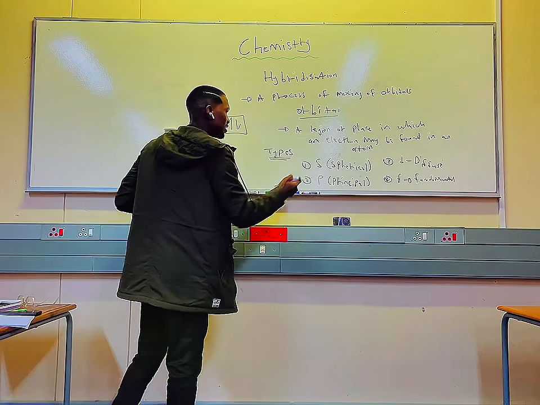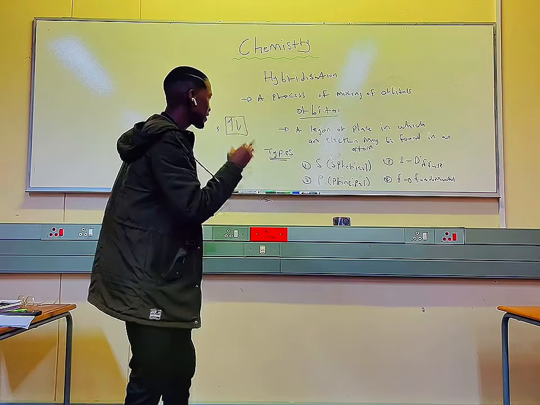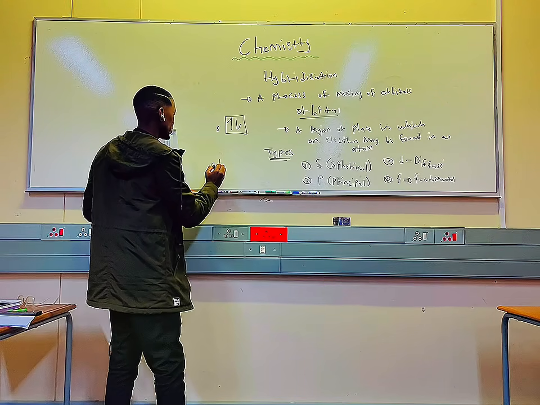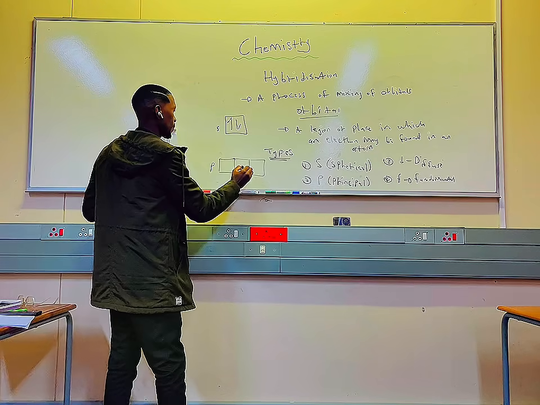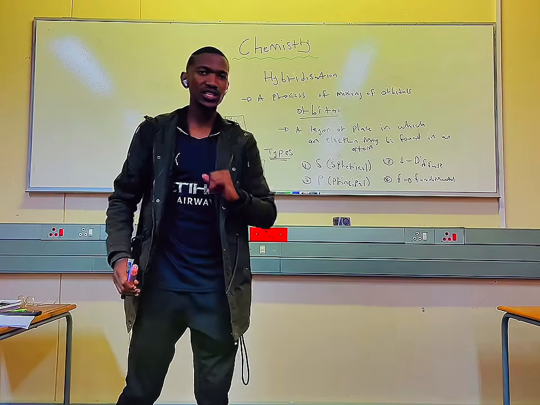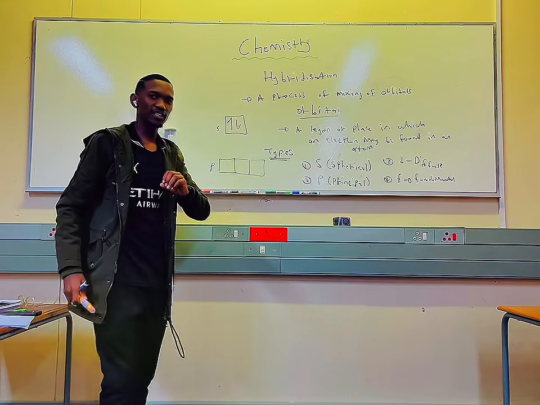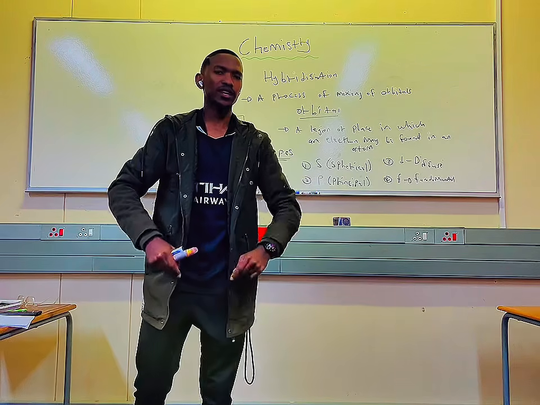Then we have the p orbital. How many orbitals does the p have? It has 3. It looks something like this. So the p orbital will always have 3 orbitals. When it has 3 orbitals, how many electrons must we expect?